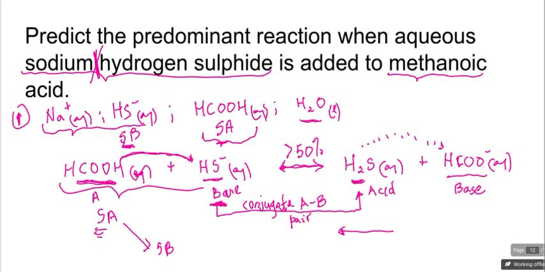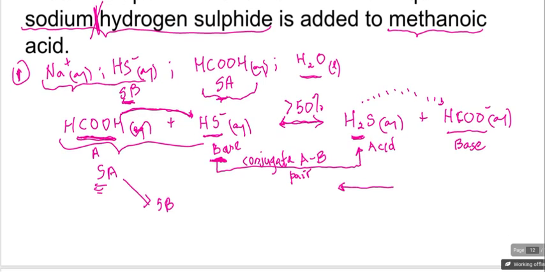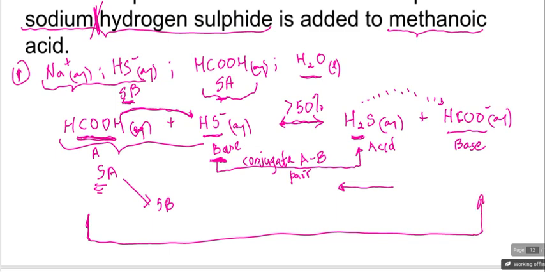And of course there are two of them, because if we look at the acid on the reactant side and the ion HCOO negative which the acid becomes, in the reverse reaction the HCOO negative is acting as a base.